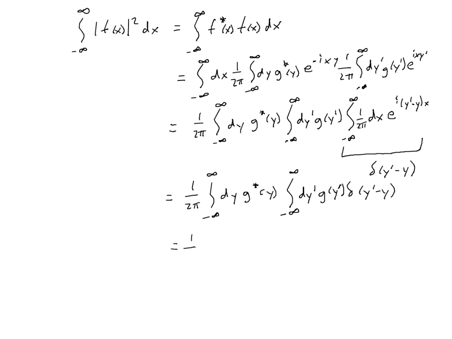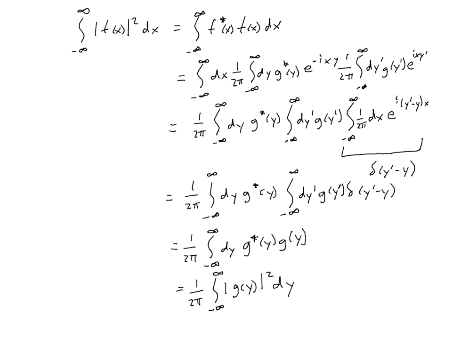So now I have 1 over 2 pi times the integral from minus infinity to infinity dy of g complex conjugate of y times g of y, which is the same thing as 1 over 2 pi times the integral from minus infinity to infinity of the magnitude of g of y squared dy. So it's kind of interesting, because it basically means that I can integrate over time or I could integrate over frequency and I get the same result.